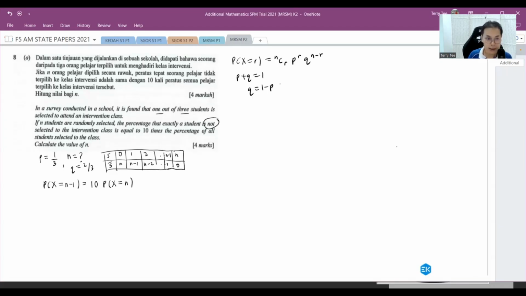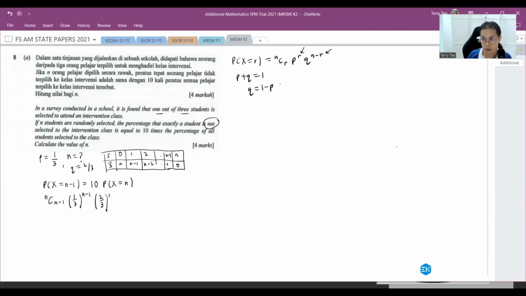So I'm going to use the formula and substitute inside. This will be nC(n−1), right? My r is n minus 1. Your probability of success is 1 over 3 to the power n minus 1. Your probability of failure, q, is 2 over 3 to the power 1, right? Remember, these two powers added together must give us n.